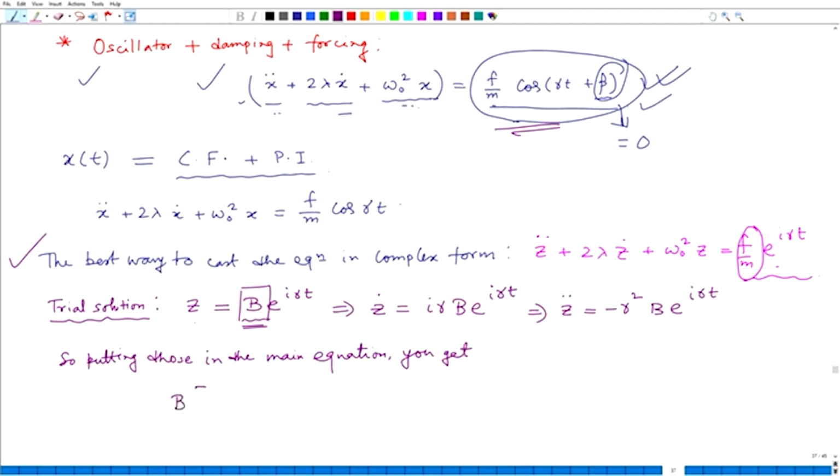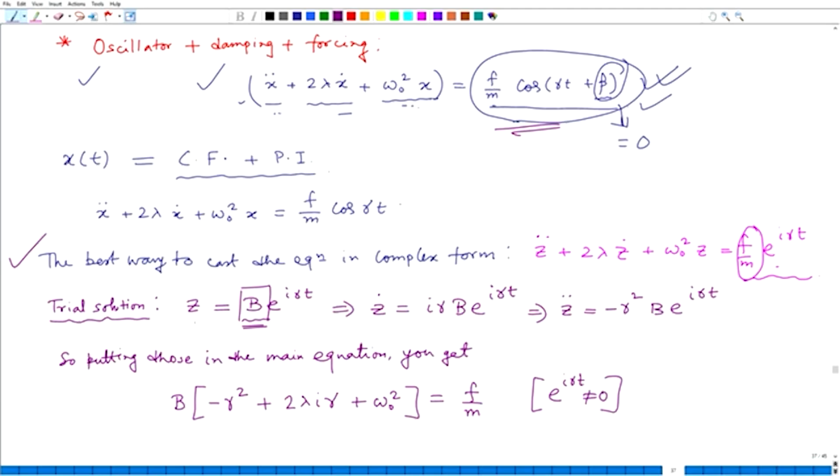B times (omega 0 square minus gamma square) plus 2 lambda i gamma is equal to F by m. Remember, I have assumed here, which is completely understandable, that e to the power i gamma t is not equal to 0, and that is why I take this out from both sides.